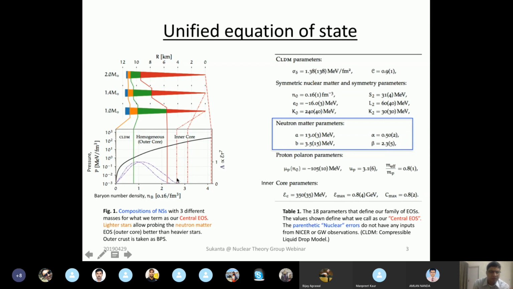Notice that what we show on the right vertical axis in figure 1 is the tidal deformability parameter plotted in purple dot-dash lines here for the two lighter neutron stars, 1 and 1.4 solar mass.